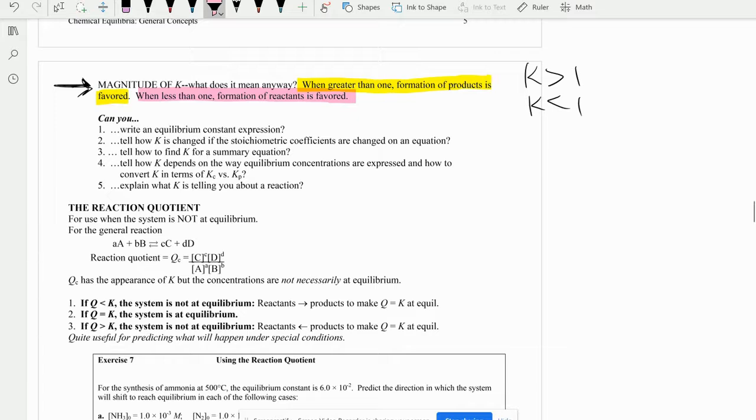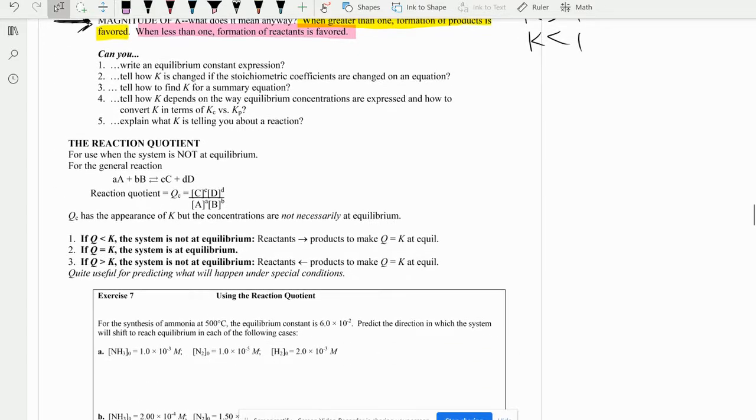So again, one more time before we move on, I want to ask you 5 things. Can you do the following 5 things? The first thing: do you know how to write the equilibrium constant expression? All right. If you're like, well, yeah, well, go back and prove it. There are some homework problems that you'll need to do this with.